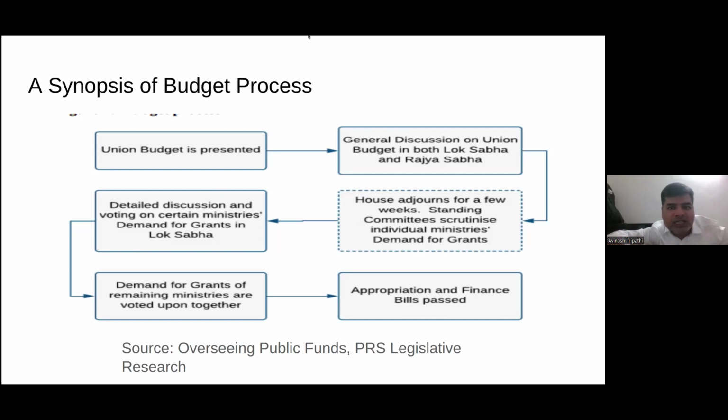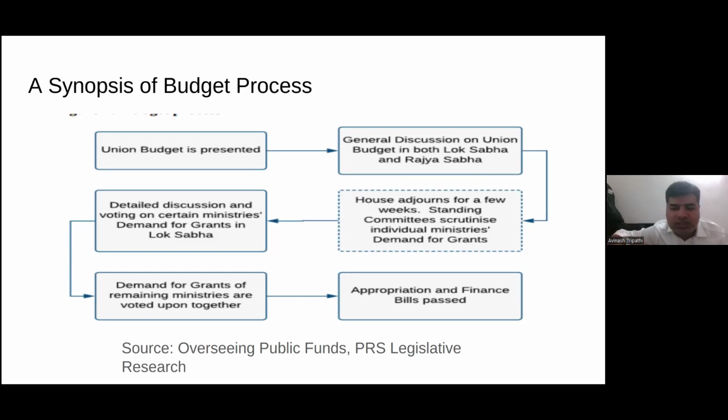Now at this point, the different demands for grants are separated into categories. Every year some demands for grants are selected for detailed scrutiny. Parliament is going to debate them, discuss them very thoroughly, and the other demands for grants, because the time is not sufficient, usually are passed without much discussion.